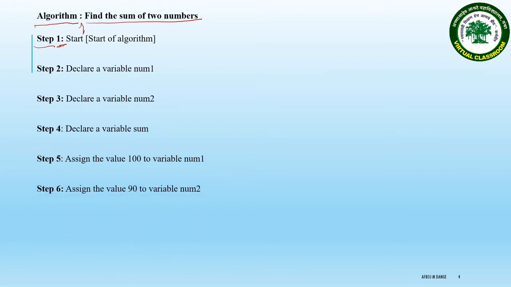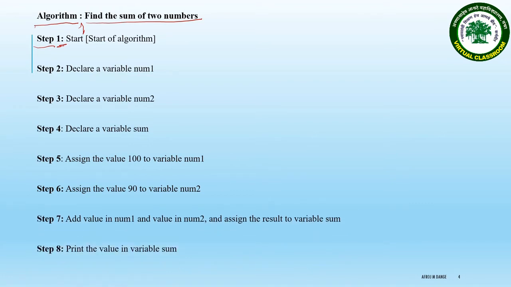Step 1 should be the starting step of the algorithm, and the last step is the termination of the algorithm. We use start and stop as keywords respectively.